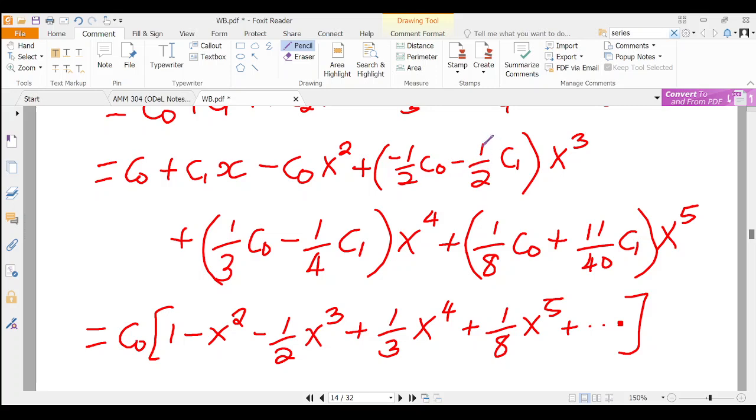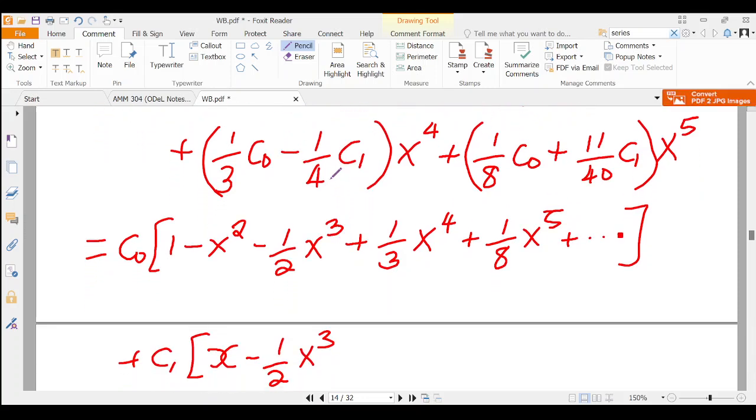We only have a half C1 x raised to power 3. Then the next one will be minus a quarter C1 x raised to power 4, so we have minus 1 over 4 x raised to power 4. Then we have plus 11 over 40 x raised to the power of 5, and so on.